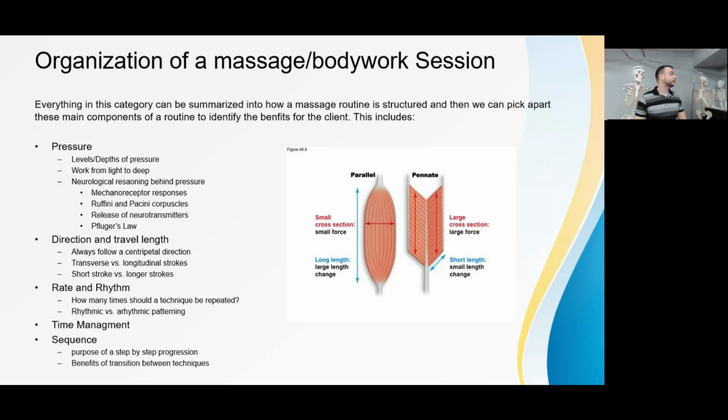Of course, the direction in which we travel in regards to body parts is another topic in and of itself, which leads into what we call short strokes versus long strokes.